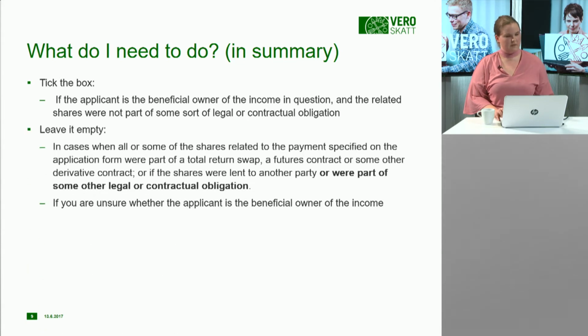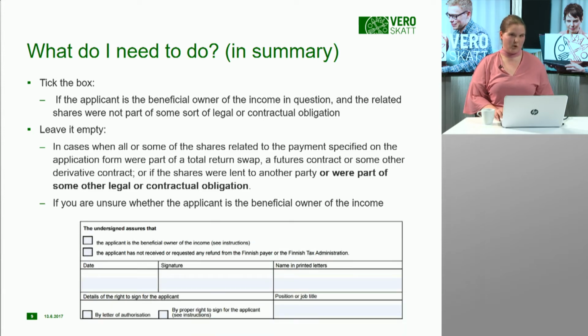Leave it empty in cases when all or some of the shares related to the payment specified on the application form were part of a total return swap, a futures contract, or some other derivative contract, or if the shares were lent to another party or were part of some other legal or contractual obligation. If you're unsure, again, leave the box empty. And just to show you again, this is what we are talking about, this little box here, and that's all.